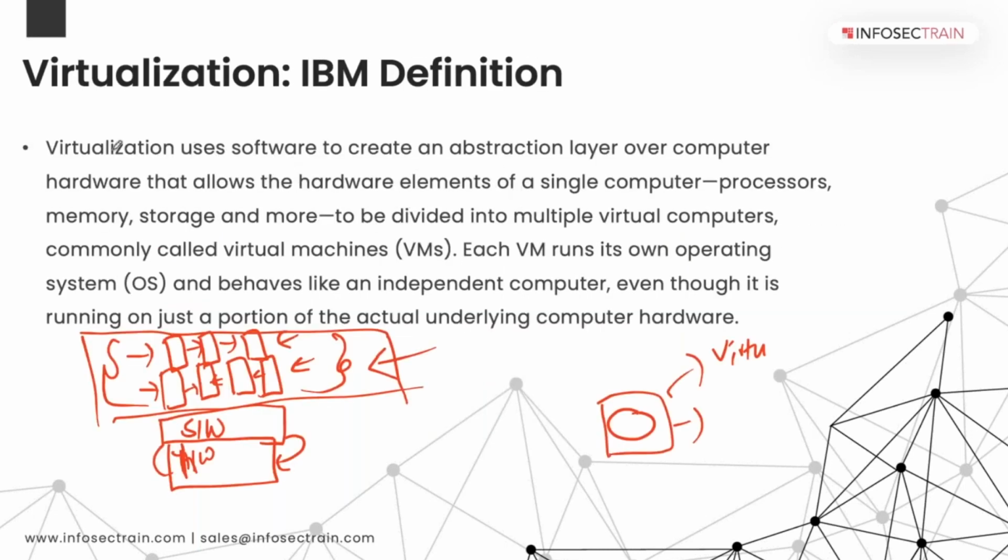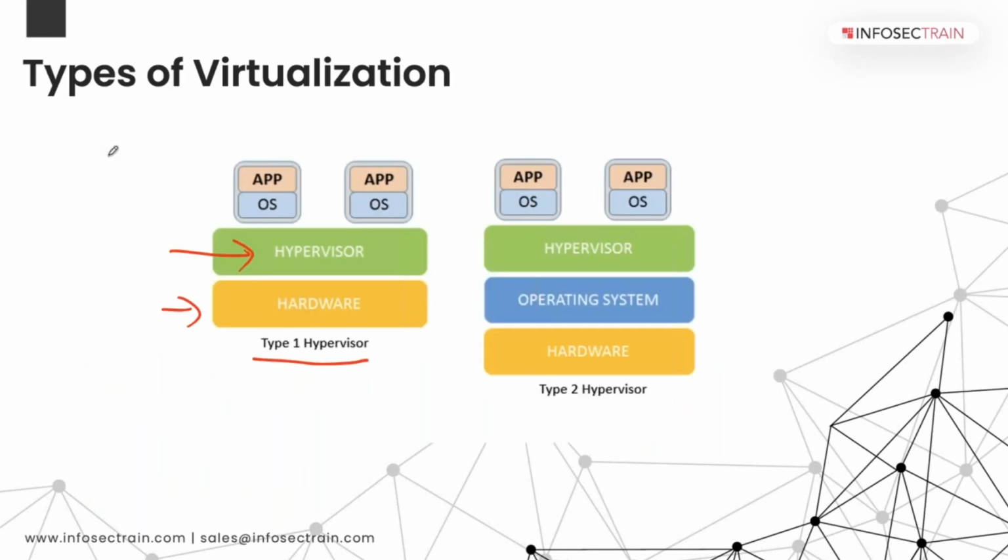Virtualization uses software, and that software is called a hypervisor. So when on top of hardware you are directly running the hypervisor, and that machine is divided into apps like this, this is VM1 for example, this is VM2 for example, running on top of it. This is called a type 1 hypervisor.